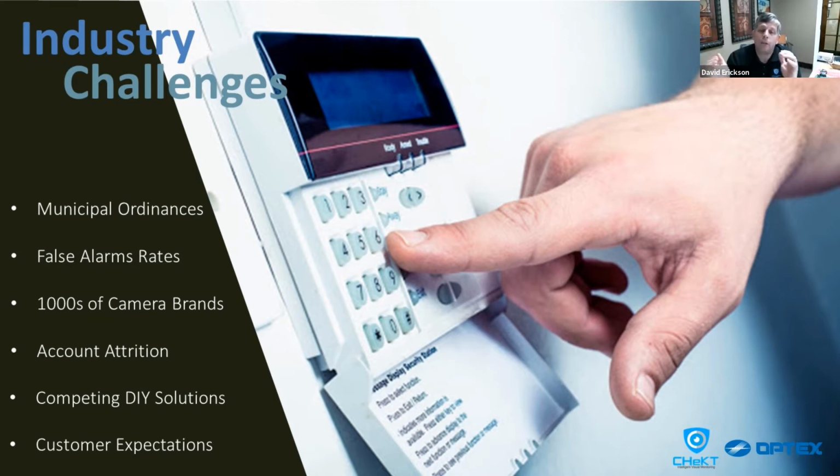You can go through those decades of systems and bring them up to speed with the municipality and the ordinances that require video verification. You can do that with nearly any camera system, and you can really reduce the false alarm rates and the false alarm fees and maybe the slow dispatch that dealers are experiencing or customers are experiencing, which all help you retain accounts, which all help you generate additional revenue from these accounts.